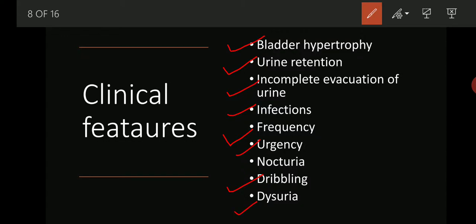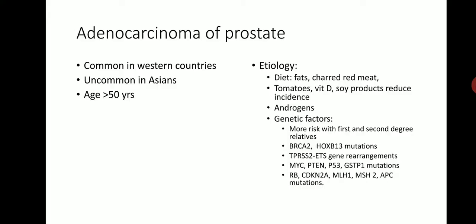Patients suffer from dysuria, and due to incomplete evacuation and retention, the patient may go for urination multiple times, and that leads to nocturia. Nocturia means increased frequency of urination in the night time. This should not be confused with the nocturia that you see in diabetes mellitus. So that was about nodular hyperplasia of prostate.